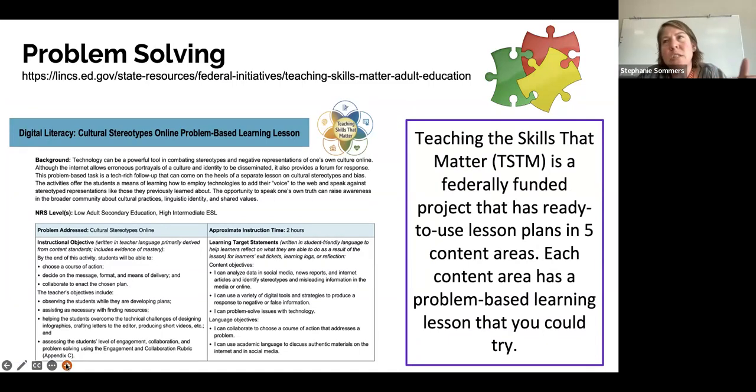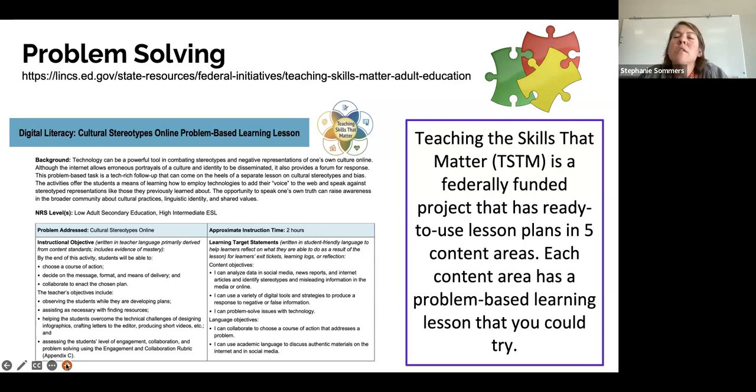Those areas are digital literacy, health literacy, financial literacy, workforce preparation, and civics. Each of those content areas has at least 5 sample lesson plans that are free to download and use from the Links website.